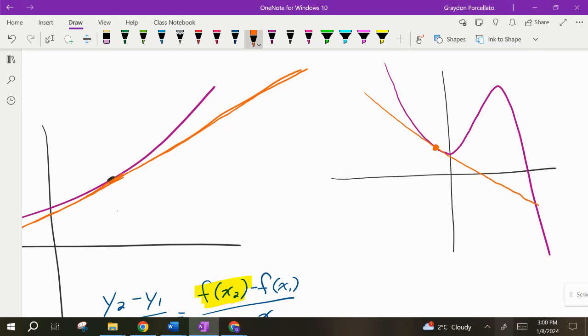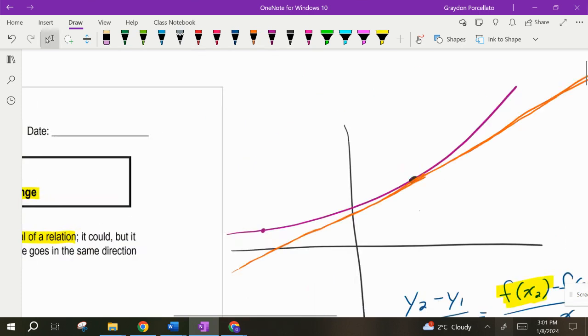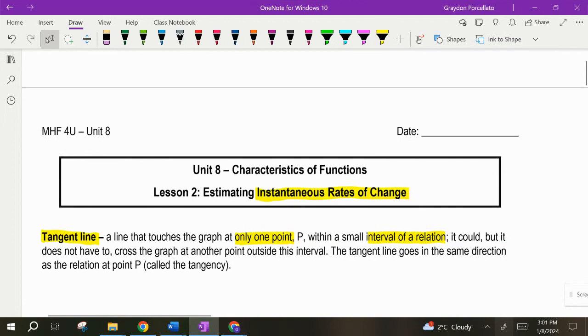That tangent line there is also going to connect with the graph over here, but we're focused on just this point here. So sometimes a tangent line could pass through at 2 points, but in general, we're looking at just that one specific point that we're focusing on.